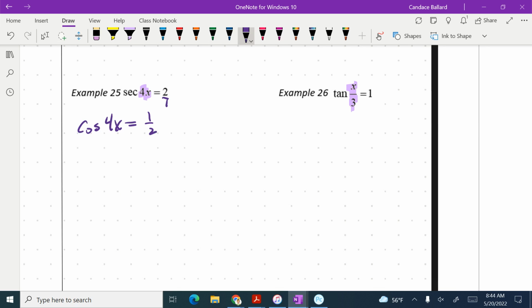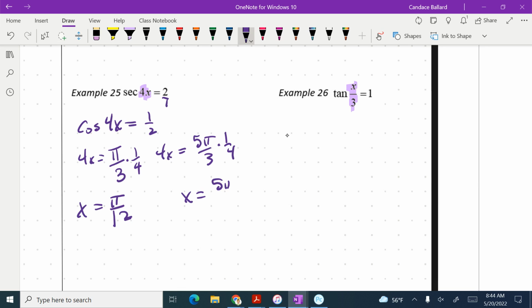Good. All right, was cosine the x value or the y value? X. Okay, where is my x value equal to 1/2? What radian measures? Pi over 3 and what else? That one's been popular today, hasn't it? All right. How do I get the 4 to the other side? Multiply by what? 1/4. Good. All right. So we've got x equals pi over what? What's your denominator? 12. And x equals 5 pi over 12 again. Okay. Not so bad, I hope.